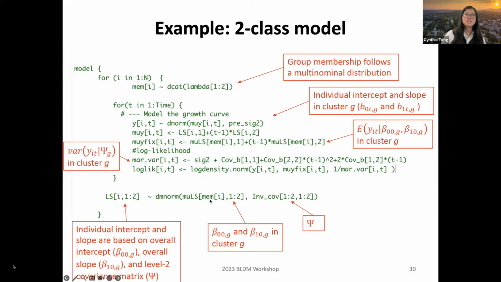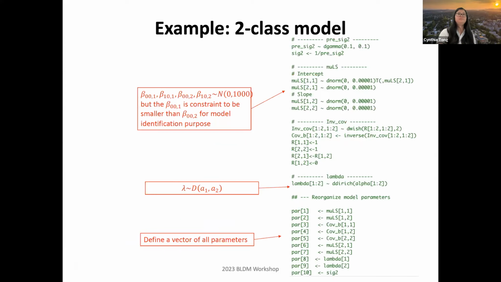But notice that the average intercept and slope are different for different classes, so we have the group membership indicators here. All right, and this is just the rest of the model, like how we specify the priors for the variances and the priors for the intercepts and slopes for different classes.